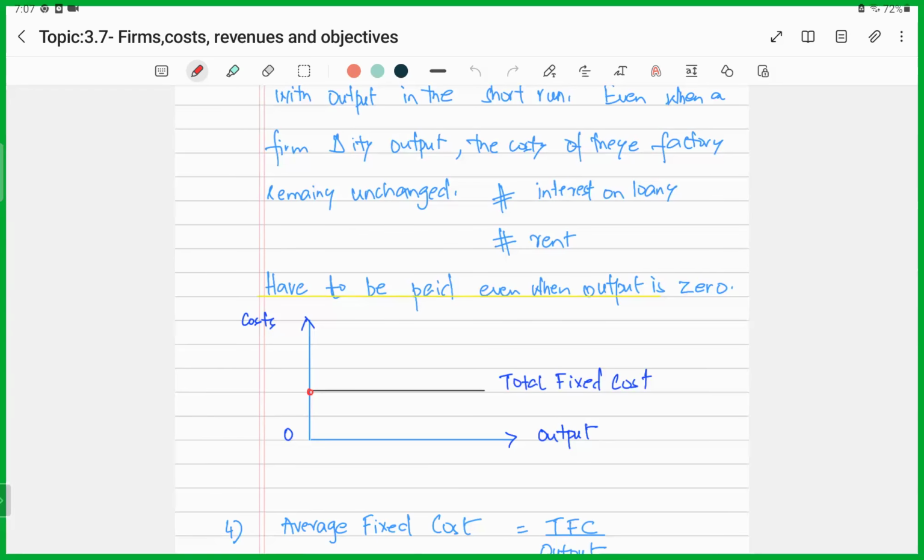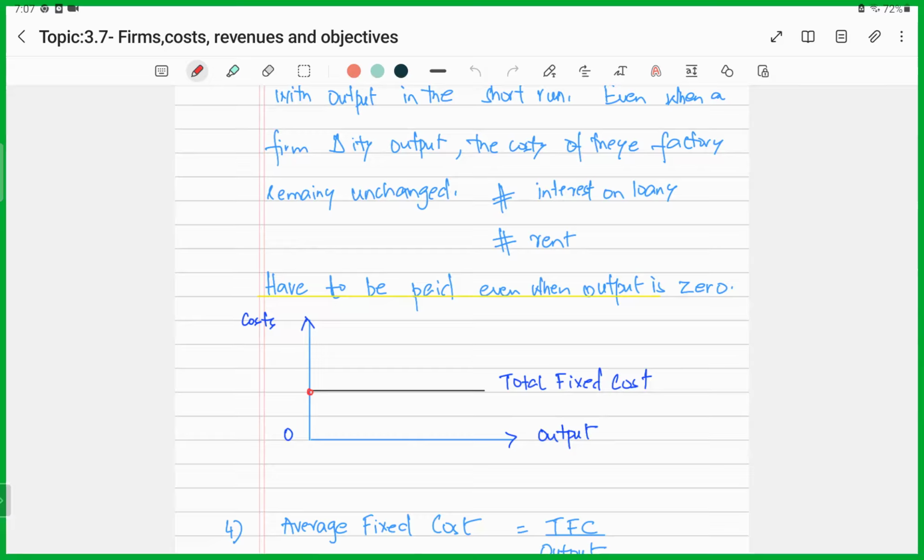The firm has not even started its production activity, or maybe the firm is closed due to national holidays, perhaps, but it needs to pay for its security, right? So these are the costs that have to be paid even when there are no operations or no production taking place.